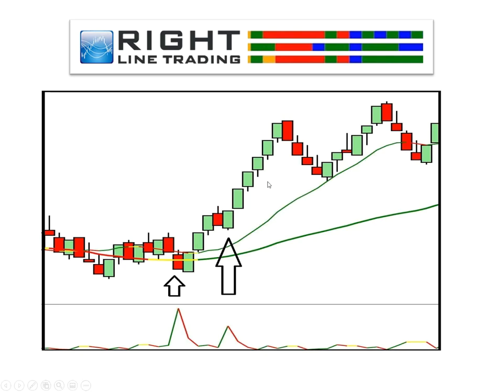Here it is again. You're going to see that with almost every nice launch in price, there's an associated volume spike that you just don't get to see right now, because you don't have an indicator that looks at volume on a minute by minute basis. You can cut this down even to a shorter time period.